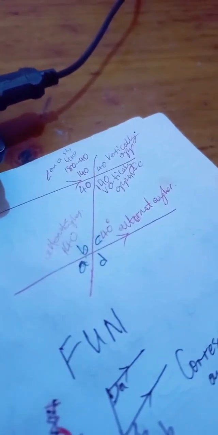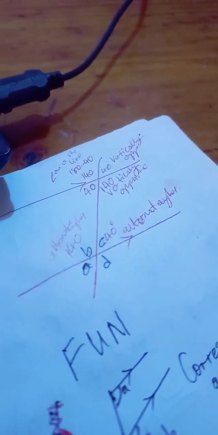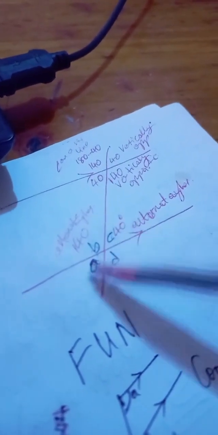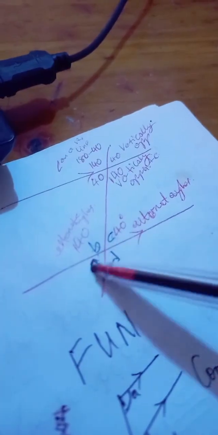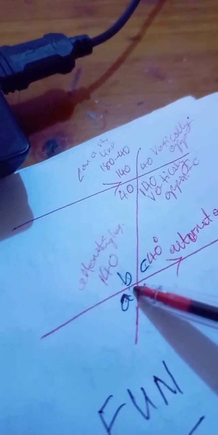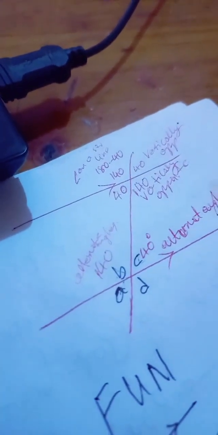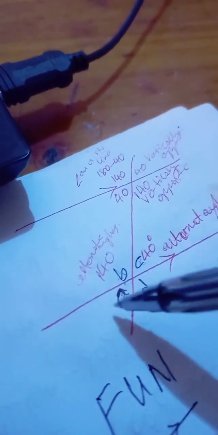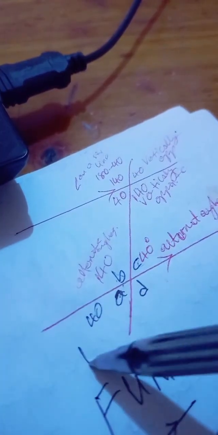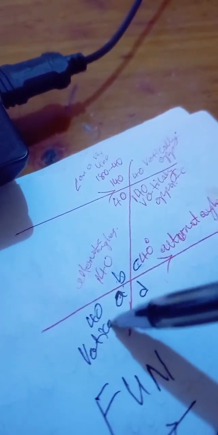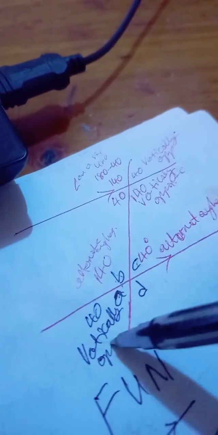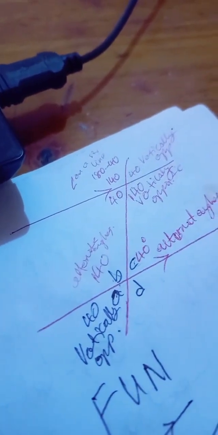From there, we are going to A. You can see that A and C are vertically opposite. So A is what? A is 40. Right? So A is 40, reason vertically opposite.